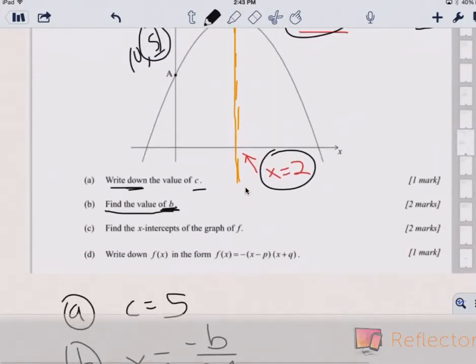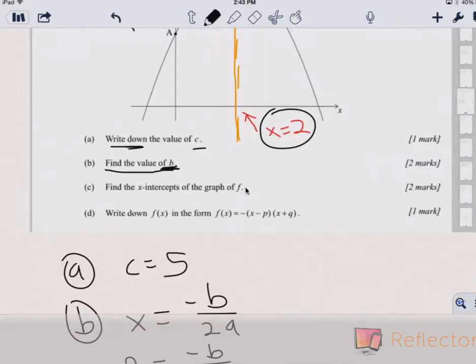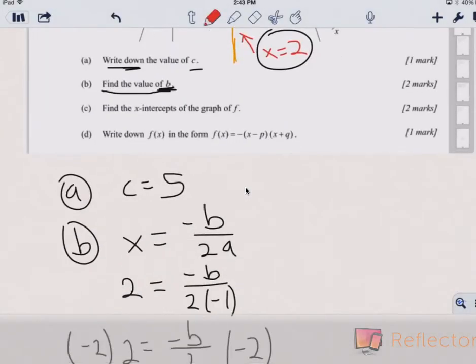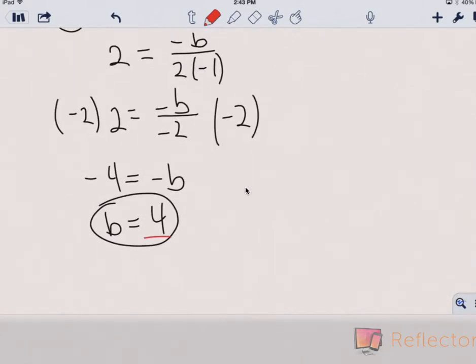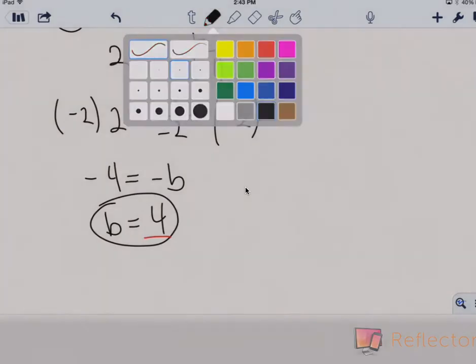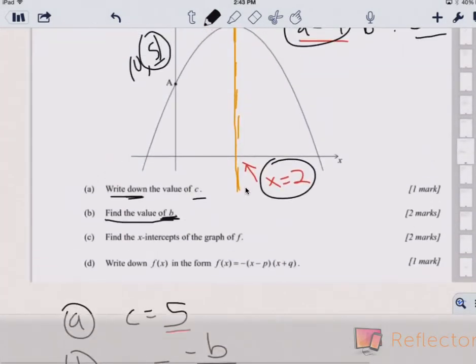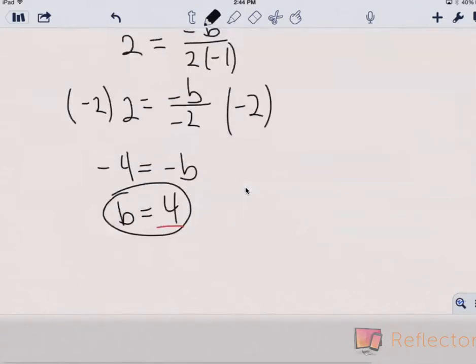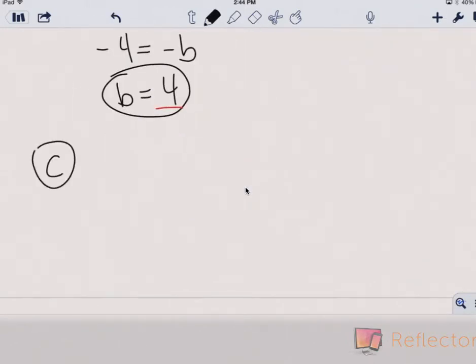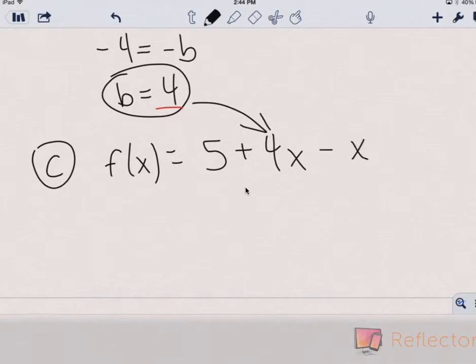So, using what we got from part A and part B, we can construct the equation given, filling in the gaps. And we're going to do that in order to find the x-intercepts. So we can see that f of x, using the information we just found, is going to be 5, that's c, plus 4x, that's the b that we just found, minus x squared.